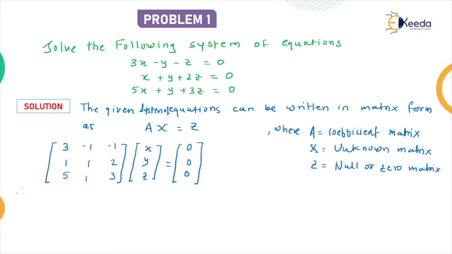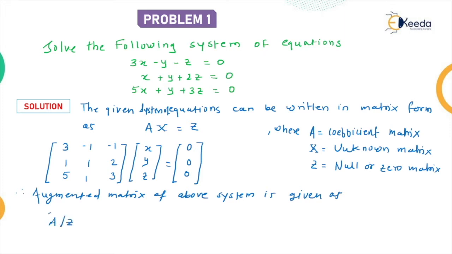Therefore the augmented matrix of the above system is given as follows. The augmented matrix is denoted by [A : Z]. It is a combination of matrix A and the null matrix.